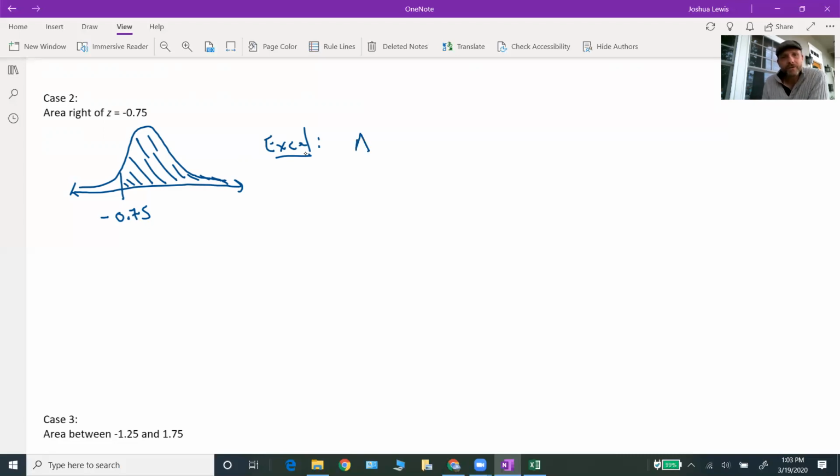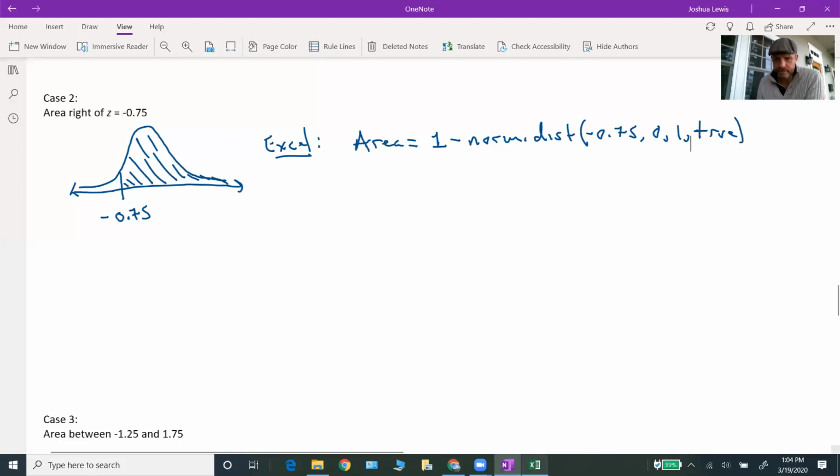But I know that the total area is 1. So 1 minus, and then that norm.dist of negative 0.75, 0, 1, and true. So this is what Excel will look like, okay?